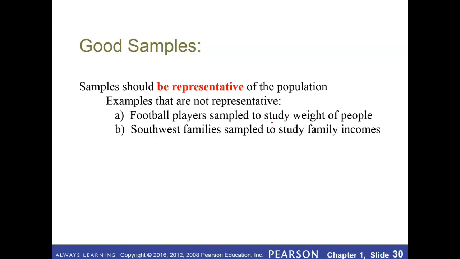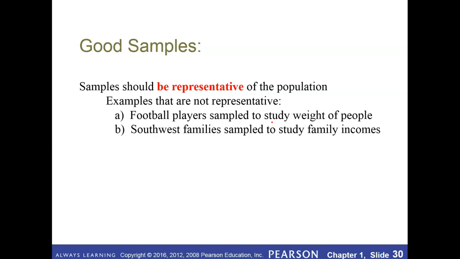Another example would be if we look at Southwest families. Let's say we're looking at what's the average income here in Fort Wayne, and we just survey a bunch of people out here in Southwest Allen County Schools and find family incomes out here in Southwest. I don't know if you realize this, but Southwest income is probably a little bit higher than the typical area surrounding Fort Wayne.